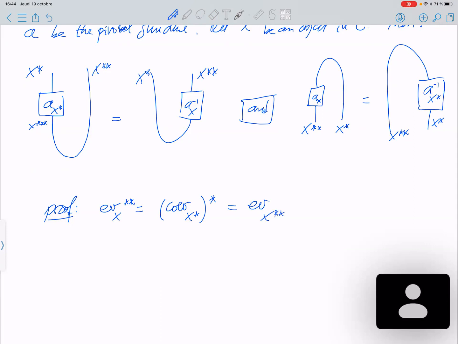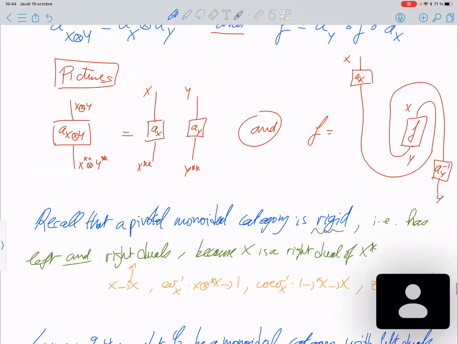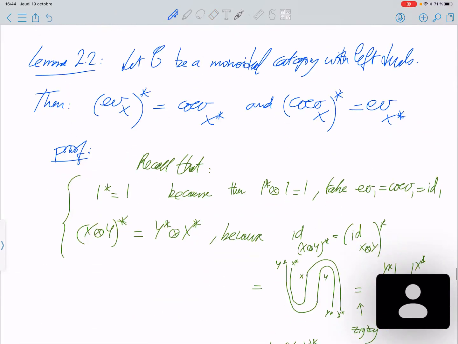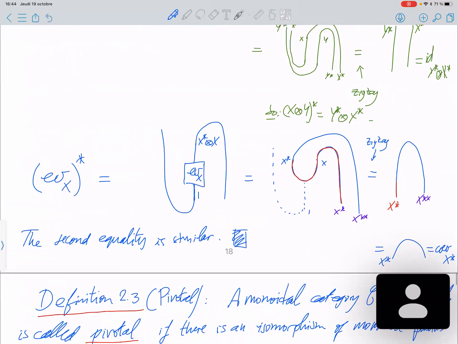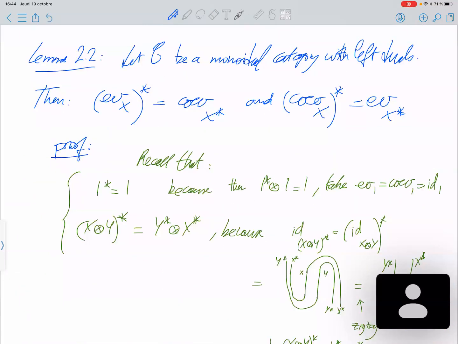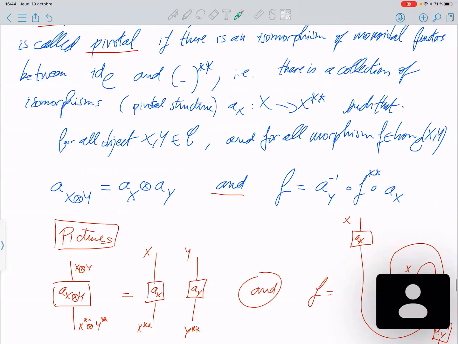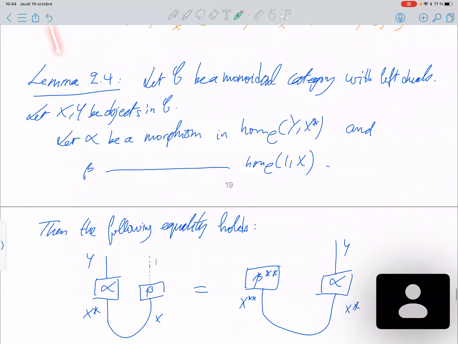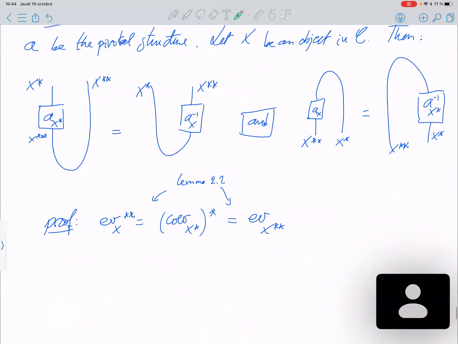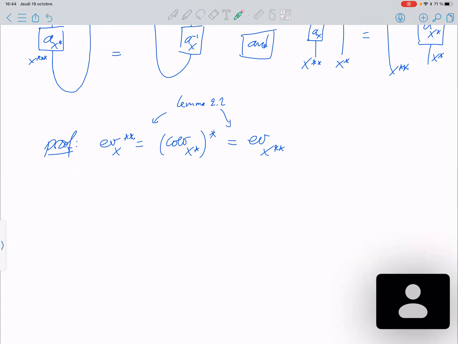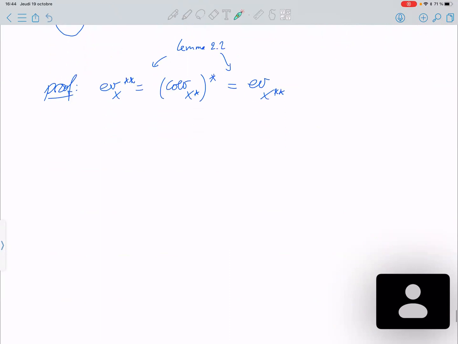So this is the application of lemma 2.2, which we proved before. So we apply one time that and then that. Okay, so we get that the evaluation map double star is the evaluation map of the double star of the object. That's okay.